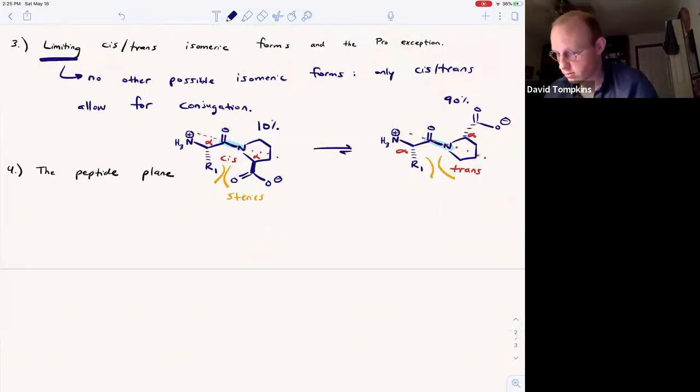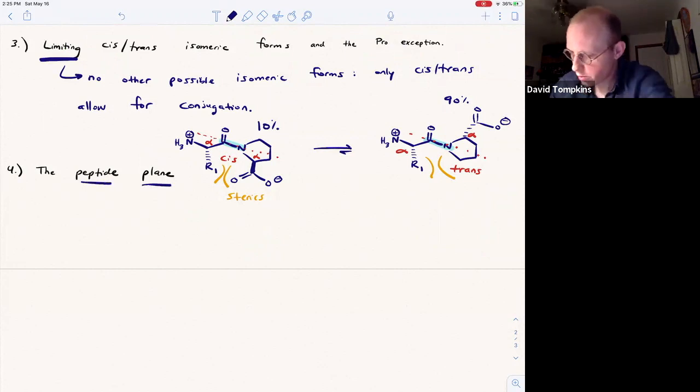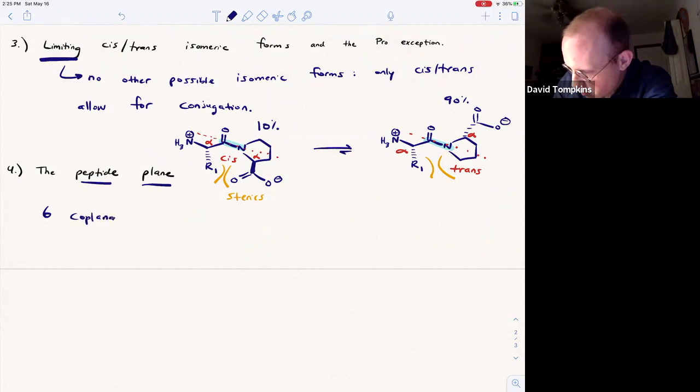So the final consequence of the zwitterionic resonance form is the peptide plane, as I mentioned above. So you always have 6 coplanar atoms for every peptide bond.